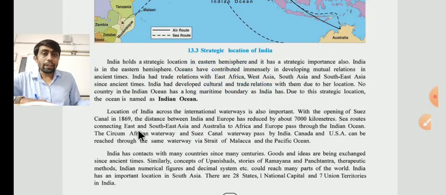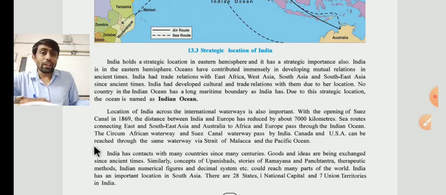Sea routes connecting East and Southeast Asia and Australia to Africa and Europe pass through the Indian Ocean. The Circum-African waterways and the Suez Canal waterways pass by India.